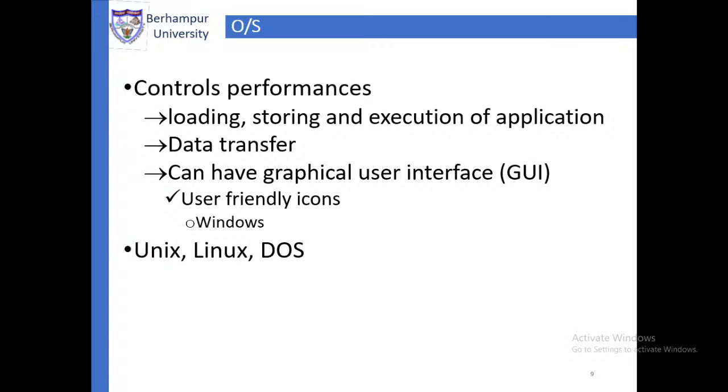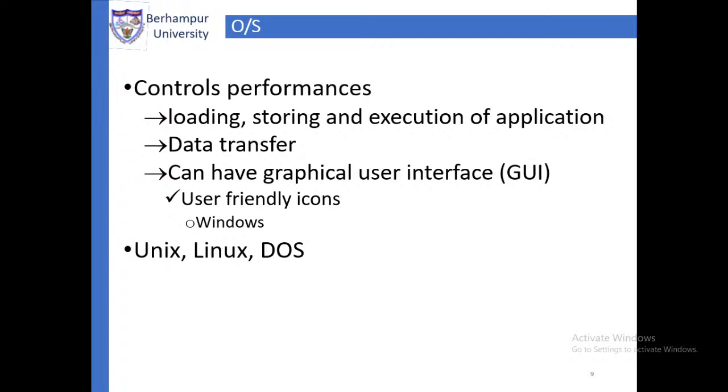The operating system controls the performances, and this performance basically is loading the data or getting the data into it, which is input. So loading, then it can store, it goes to the storage, and the execution of the application.